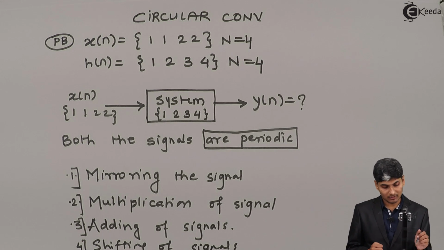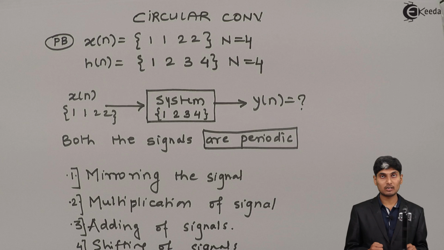So, how to perform the same operations in circular convolution?